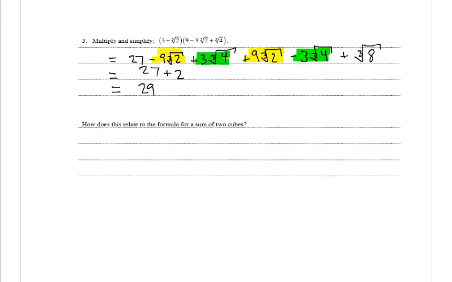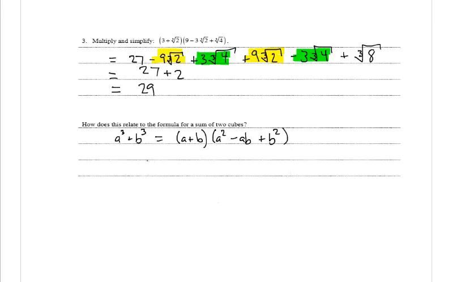And then it asks us, how does this relate to the formula for the sum of two cubes? So the sum of two cubes could be stated as a cubed plus b cubed is equal to a plus b times a squared minus ab plus b squared.